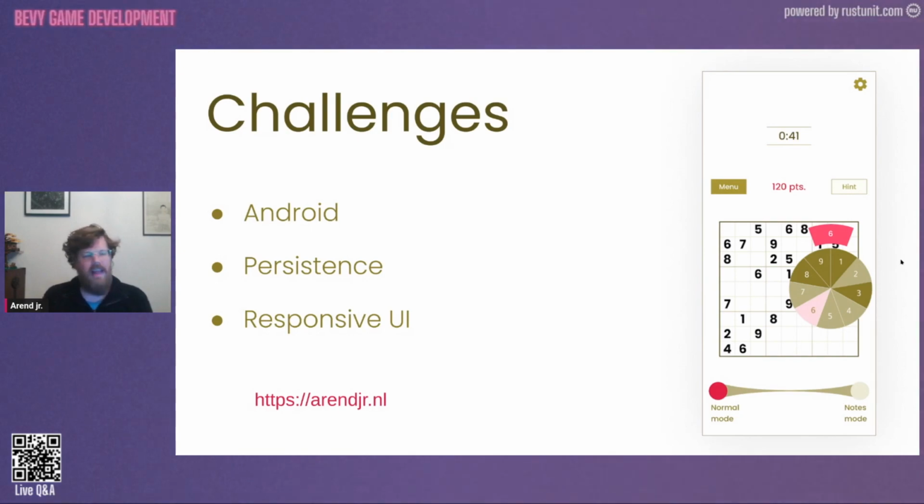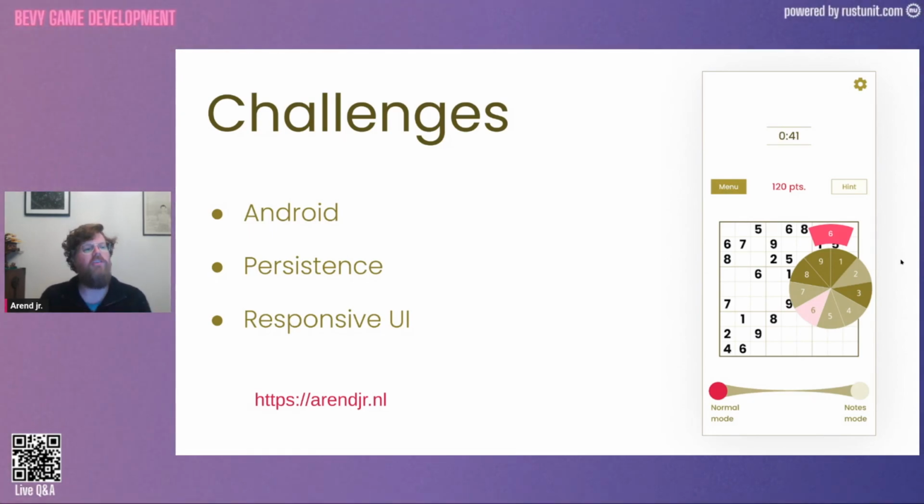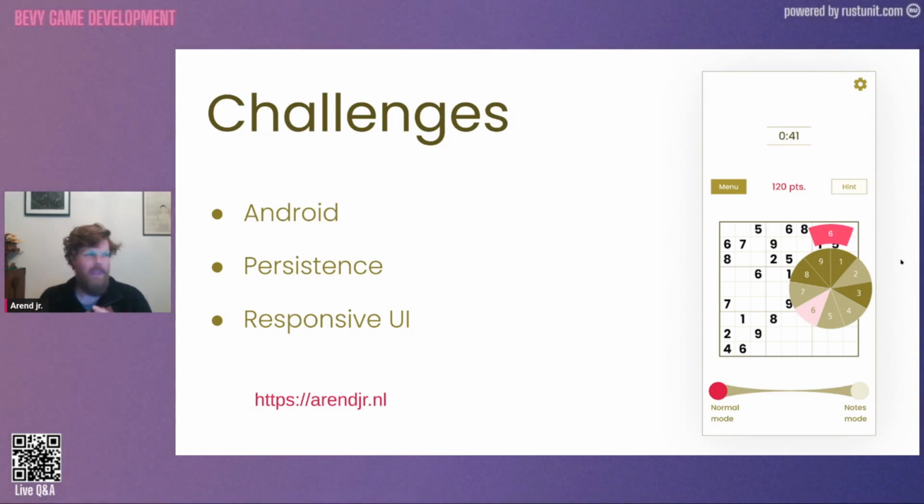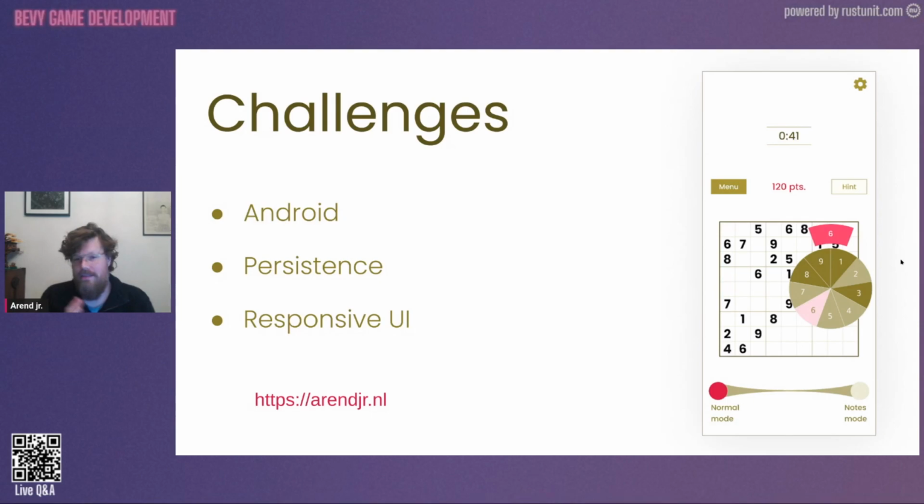So I started looking for which event I could catch to implement persistence, to make sure that I store all the state so that I can restore it when the user comes back. No matter which event I tried, it didn't work out. I haven't checked yet whether this has improved with Bevy 0.13. Maybe Stefan would know the answer to that. But ultimately, I went for a quick and dirty hack. Whenever the user fills in a number, I persist everything. That way they don't lose anything. Simple but effective.